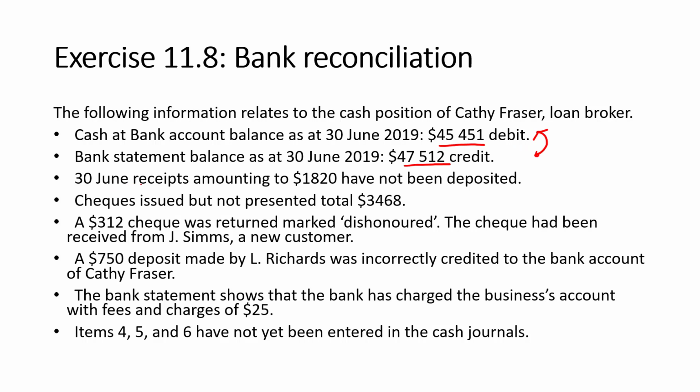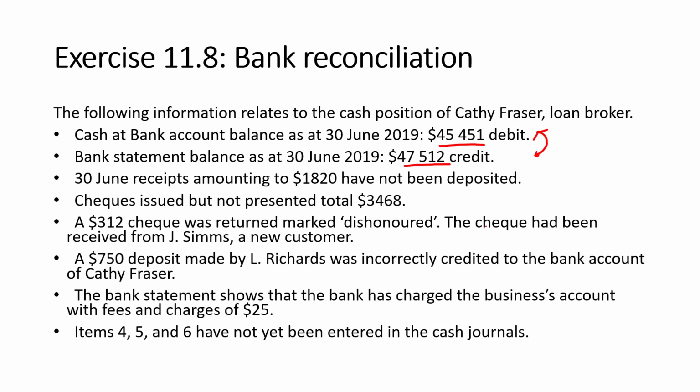On 30th June, you received a check amounting to 1,820, but it was not yet deposited. Followed by checks issued but not presented, you have 3,468. We have another check worth 312 that was returned and marked dishonored.